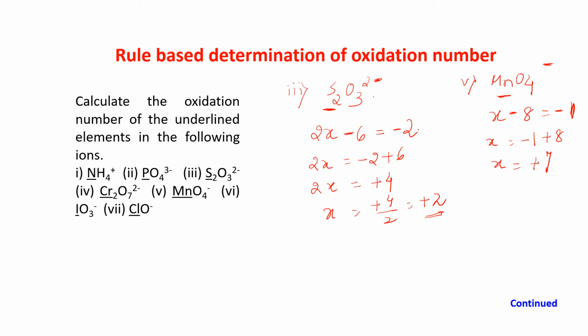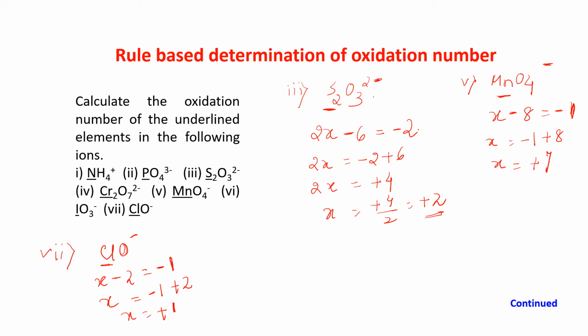One more I am showing you, the last one, 7th number, ClO-. You have to find out Cl. X, and 1 oxygen only, so it will be only -2, equal to -1. Now X is equal to -1 plus 2, so X is equal to +1.